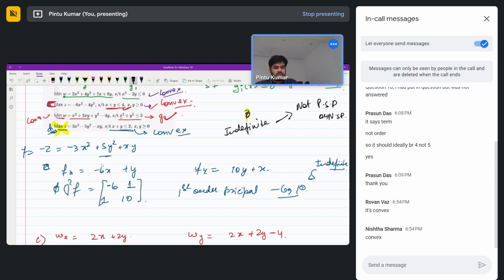So if you look at the first order principal minors, the signs were different. For positive semi-definite, you wanted everything to be greater than or equal to 0. For negative semi-definite, first order principal minors should be less than or equal to 0, right? But one of them was less than 0 and one of them was greater than 0. That's why this is an indefinite matrix.